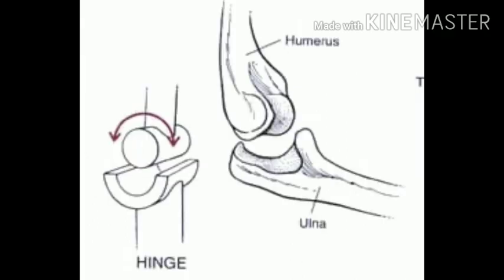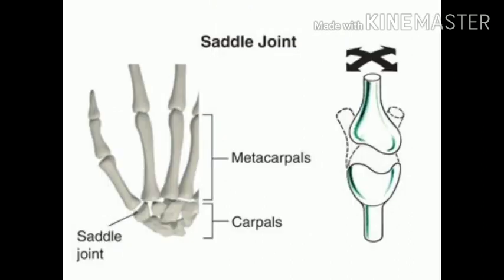This is hinge joint, image of elbow joint, where humerus is attached with ulna. This is saddle joint.